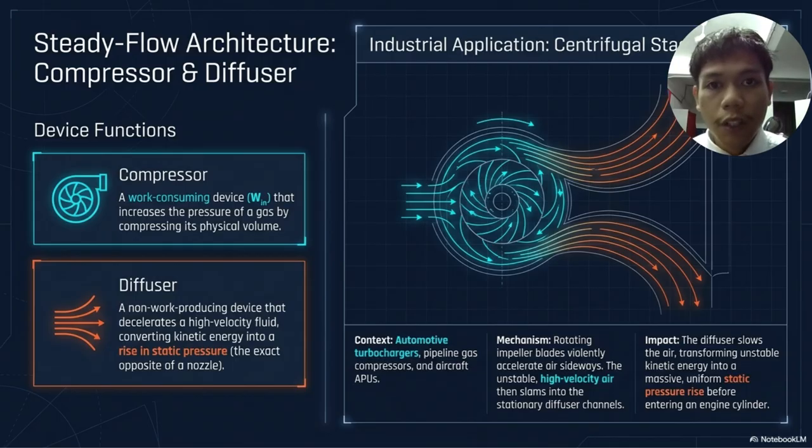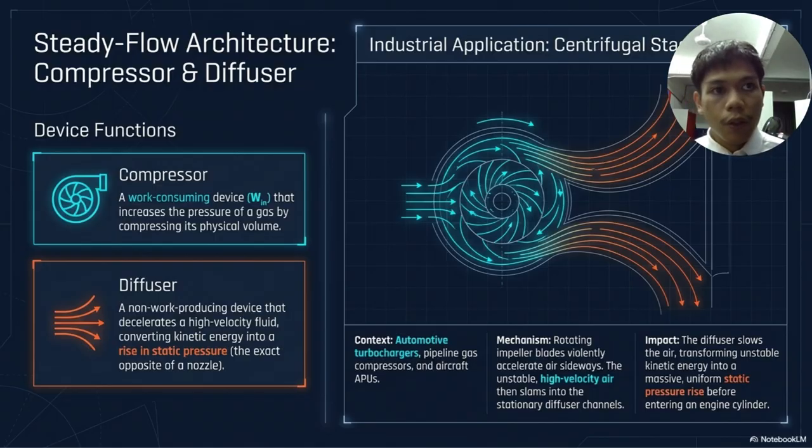Moving on to the second steady flow device, which is the combination of compressor and diffuser. What is the function of the compressor? It is a work-consuming device that increases the pressure of a gas by compressing its physical volume. Meanwhile, the diffuser is a non-work-producing device that decelerates a high-velocity fluid, converting its kinetic energy into a rise in static pressure.